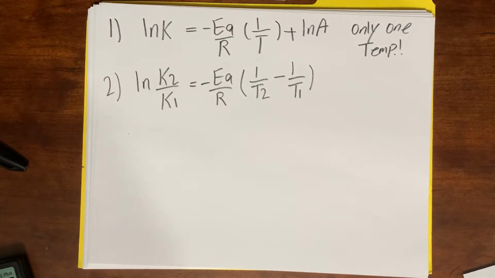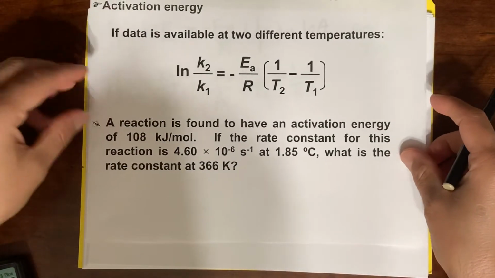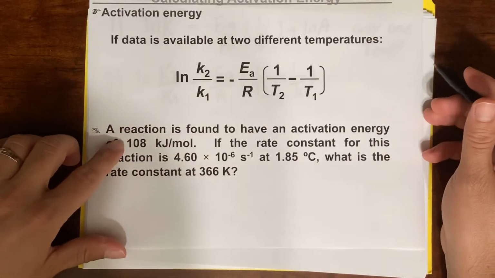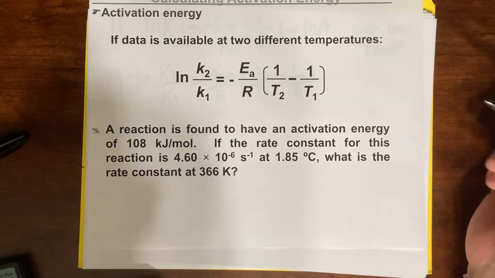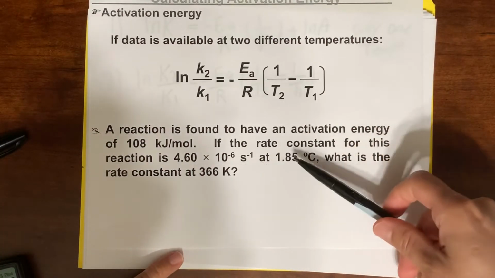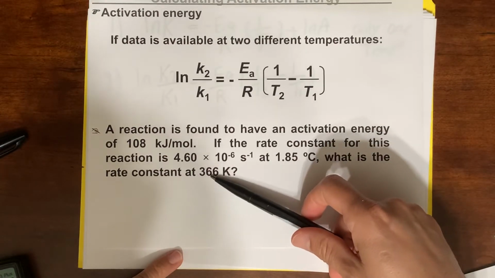And I'm going to practice one question about it. Here's the question. It says, if the activation energy of one specific reaction is 108 kilojoules per mole, and they give us a rate constant at this temperature, they're asking what's the rate constant when the temperature goes to 366.